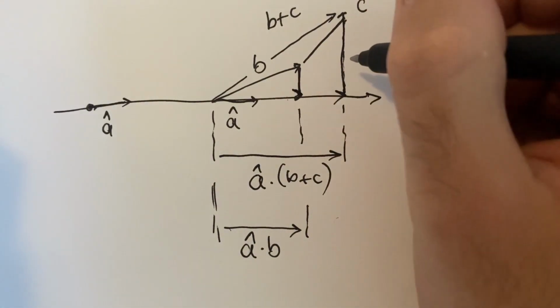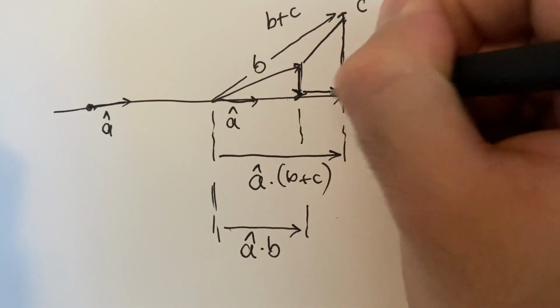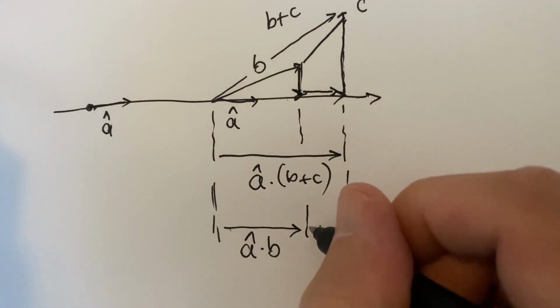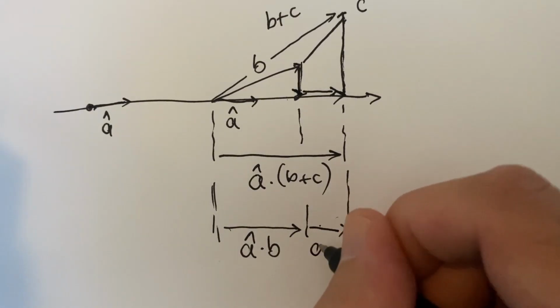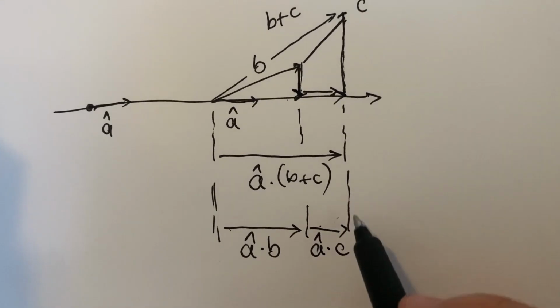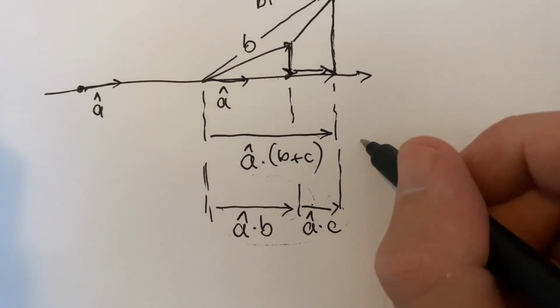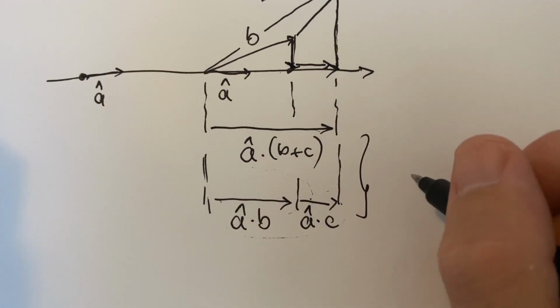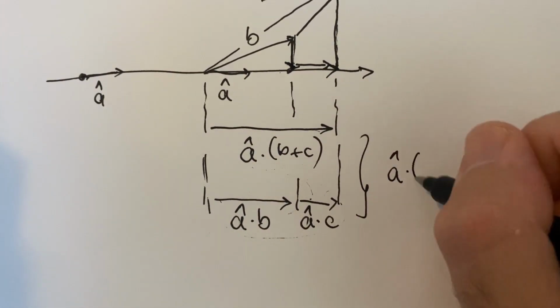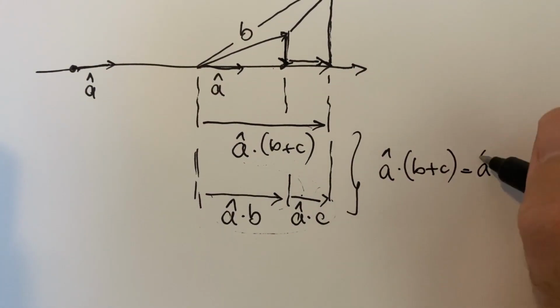And then let's say we project c on this one as well, and c goes from here to here, so c is this vector. So we can extract c as well. A dot product c. Look at this now. We see this one and we see this one. If you just think about it, you can see that this one equals this one.